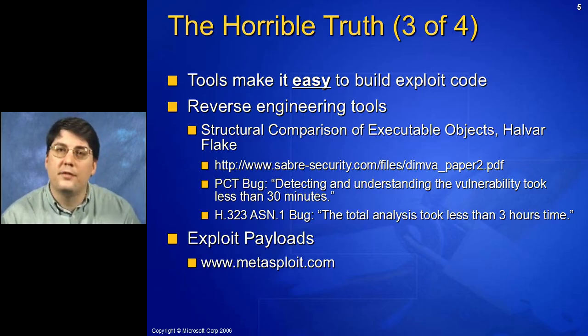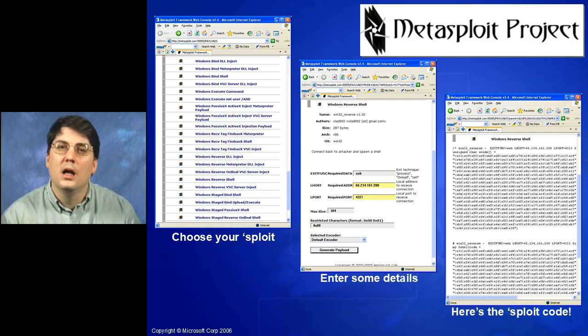Now, of course, finding the vulnerability and building an exploit are two different stories altogether. But given knowledge of the vulnerability, the Metasploit project can make it easy for intruders to build a working exploit.